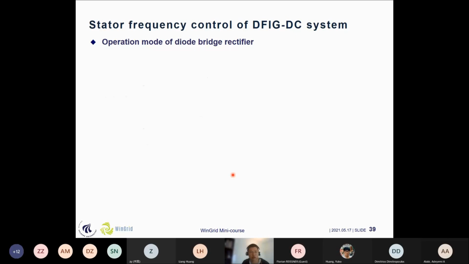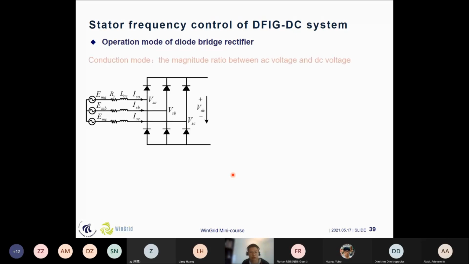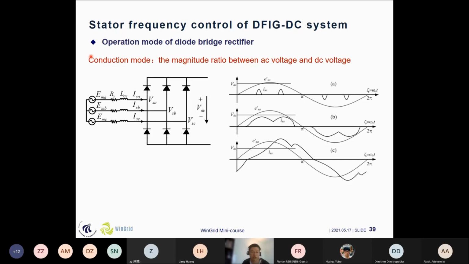But first, I want to introduce the operation modes of the diode bridge, since if you want to better understand my later content, we need to understand how the diode bridge works in this kind of structure.